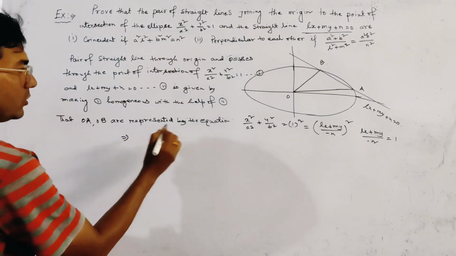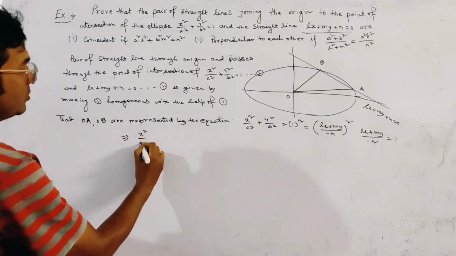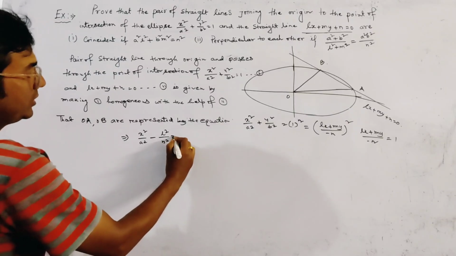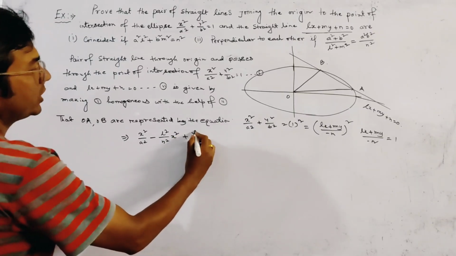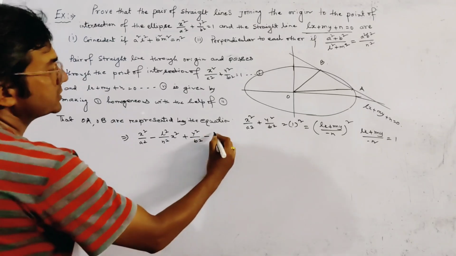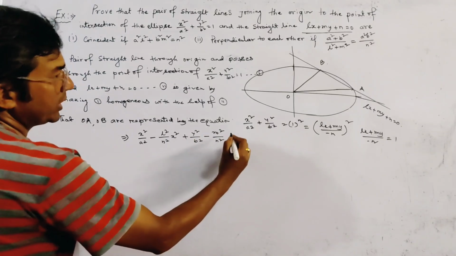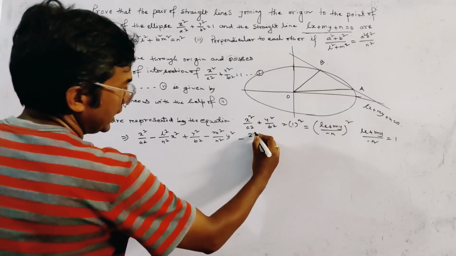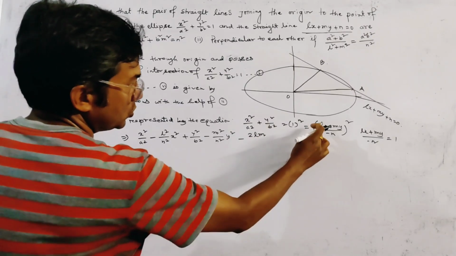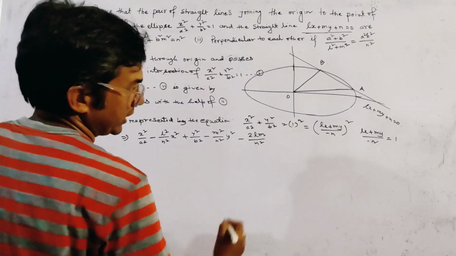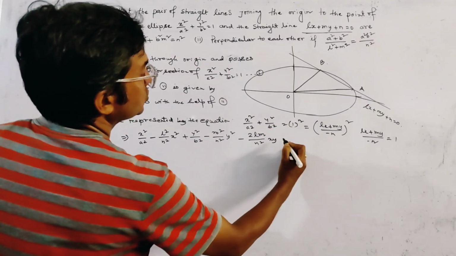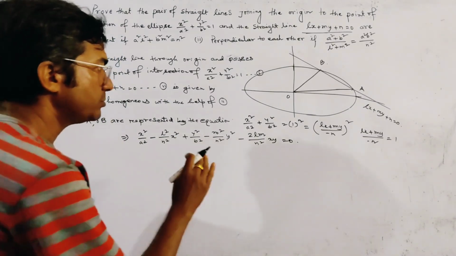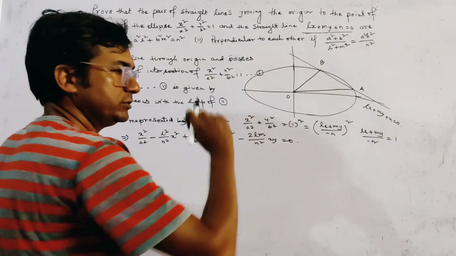Now calculating the result, we get x square by a square minus l square by n square into x square, plus y square by b square minus m square by n square into y square, minus 2lm by n square into xy, equal to 0. This is the homogeneous equation of second degree which represents the two lines OA and OB.